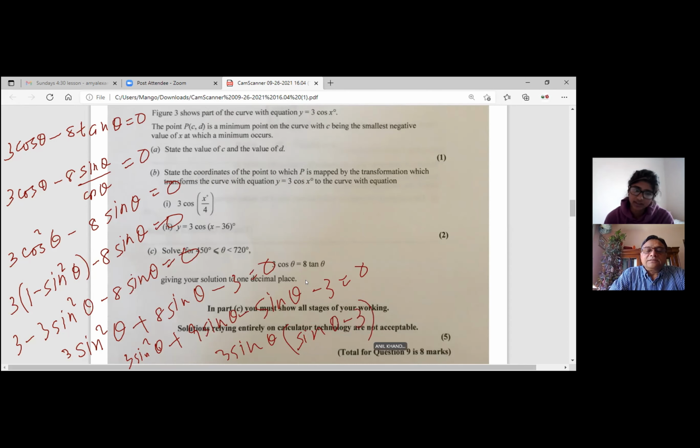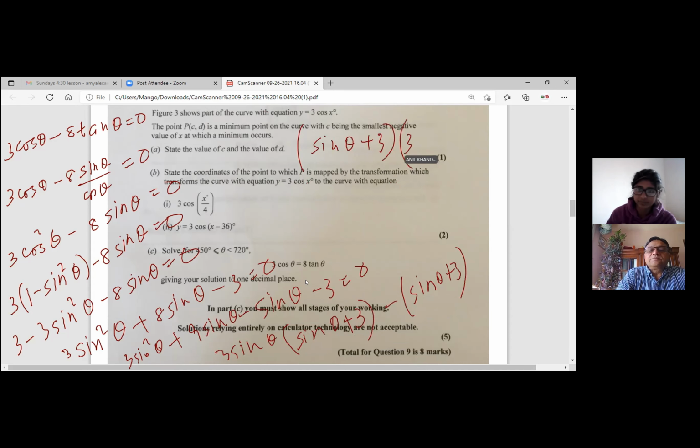And you get minus sine theta minus 3 and sine theta plus 3, correct? So we get sine theta plus 3 times 3 sine theta minus 1. Just check, is it correct?